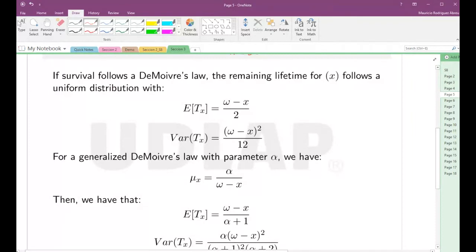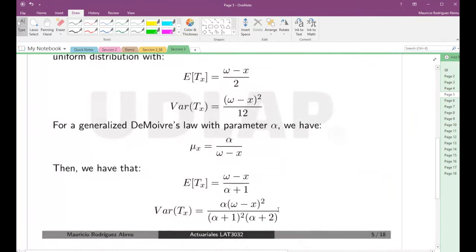And the expected value is omega subtracting x, and here the division is going to use the parameter plus 1. And the variance is just a longer formula, but it's really straightforward to estimate. Let me see. Yes, I think this is what we have here.